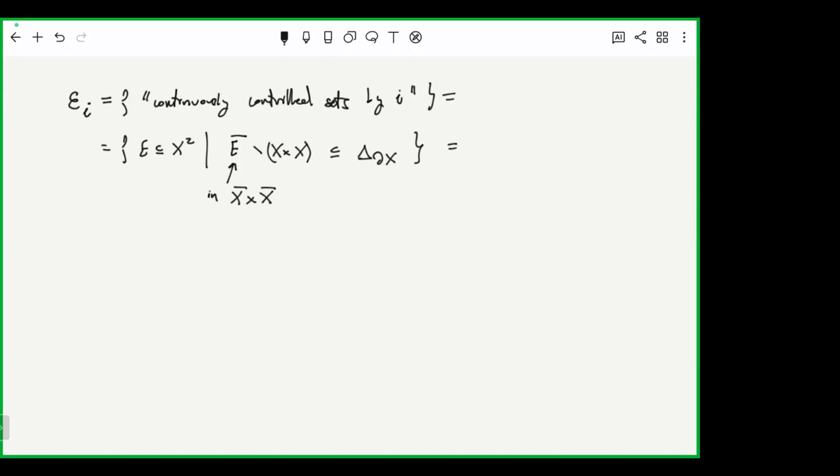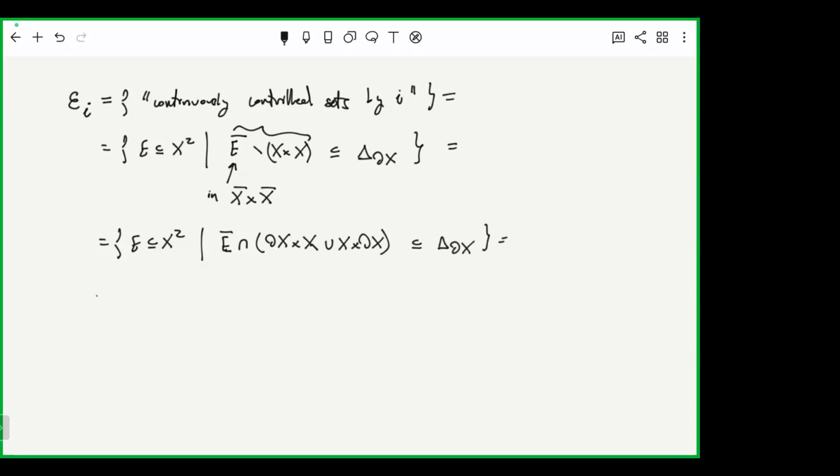So what is the meaning of this? We can write this in a different way. First of all, this complement is the same as the intersection of the closure of E with the corona times X union X times the corona. So these are the points of the closure such that one of the components is in the corona of the compactification. And this has to be contained in the diagonal.